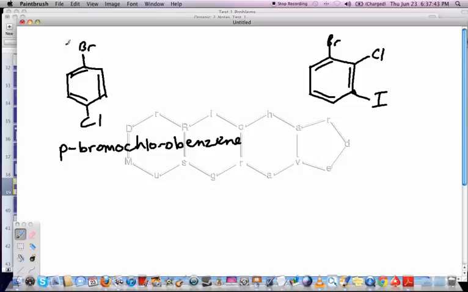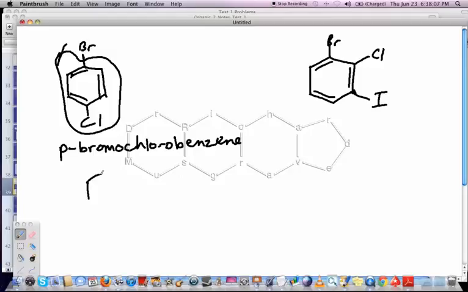And what we're assuming there is that the base chain or the base compound here is chlorobenzene, and then we're assuming the chlorine is in the one position. That's what makes it a chlorobenzene, and then everything else is just attached to that, and this would be p-bromochlorobenzene. So that's a legal name.